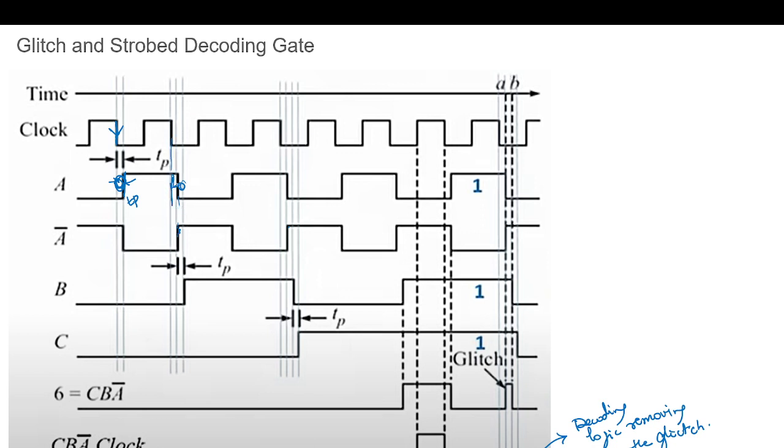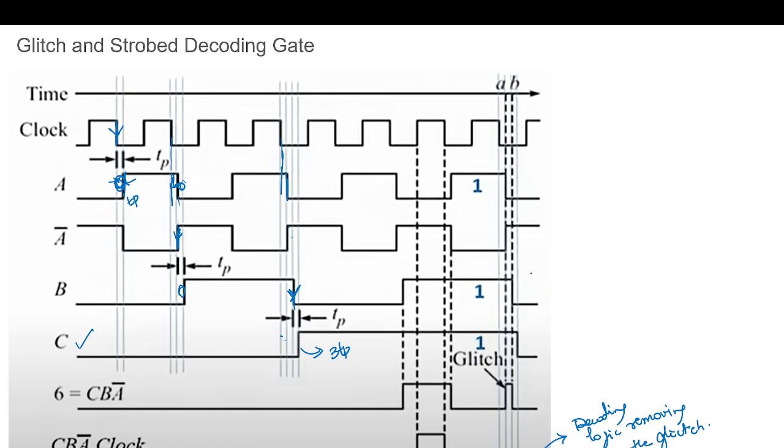So again here one delay, again here one delay. Next, the B flip flop will also have some delay with respect to this negative edge. Again the same delay here. Again this flip flop will have one delay with respect to this negative edge. So this is from A, this is from B flip flop, this is from C flip flop. Total 3 times the TP delay is observed here.